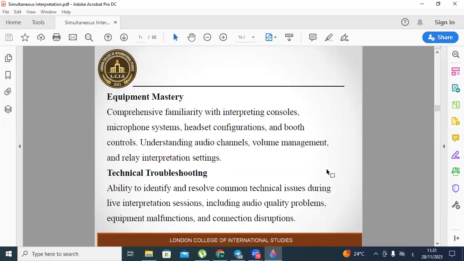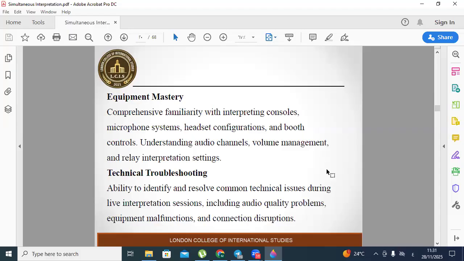Comprehensive familiarity with interpreting consoles, microphones, headset configurations, and booth controls, understanding audio channels, volume management, and relay interpretation settings.